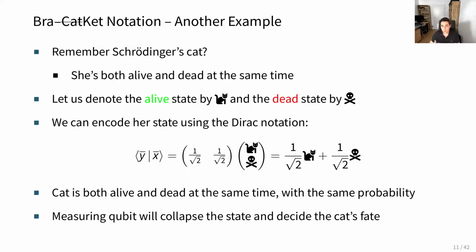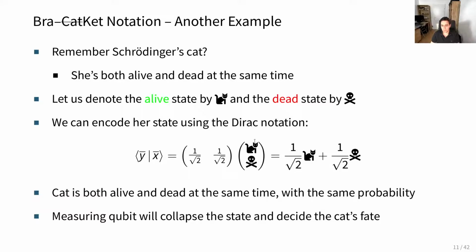And now what we can do is we can denote the state of the cat using this Dirac notation. Namely, we have a weight vector, so let us just assume it's 1 over square root 2, 1 over square root 2. And if you remember, this squared plus this squared has to be 1. So it's 1/2 plus 1/2 is 1.